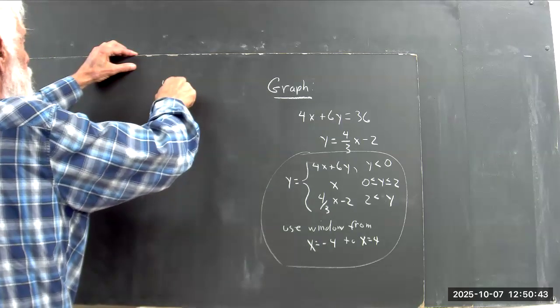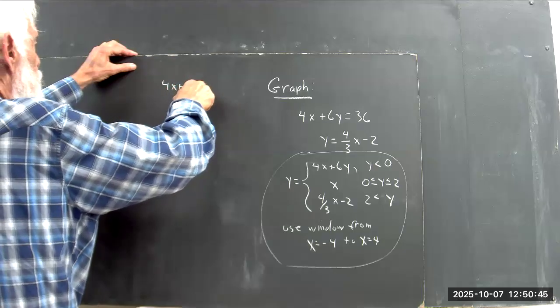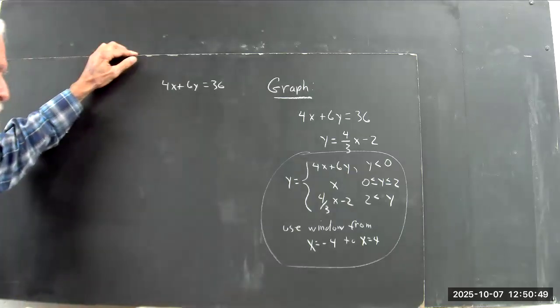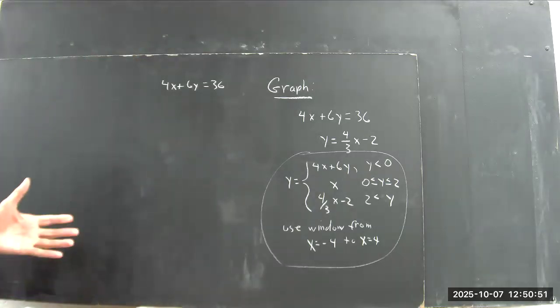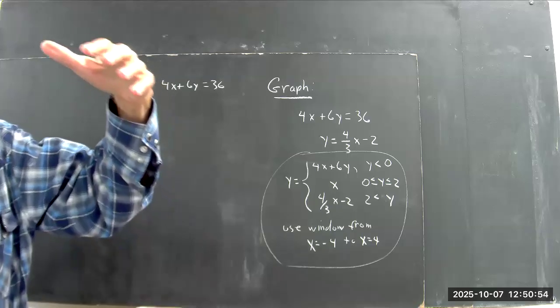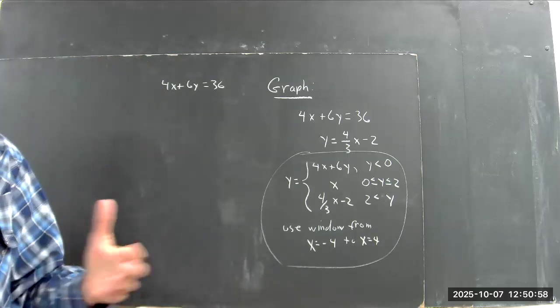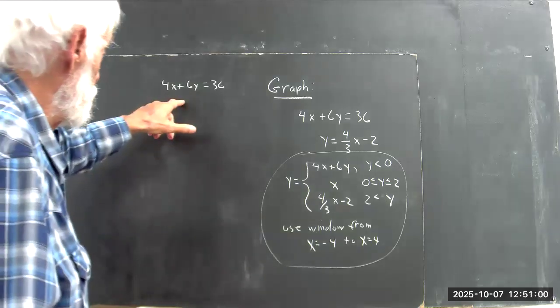Here we got 4x plus 6y equals 36. Now, most of you were in class, you didn't ever see me draw and subdivide a graph for an exponential function or a quadratic function. We didn't do any of that. Okay.